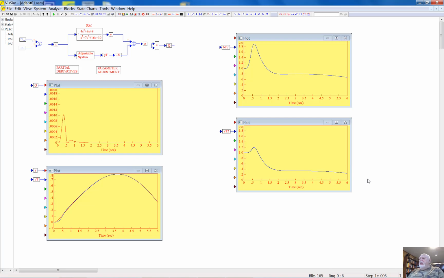Why does it happen? It happens because we did not satisfy this requirement for local parametric optimization. We did not define the initial conditions of the adjustable system very close or sufficiently close to the parameters of the reference model. This is one reason. But then there is another reason.